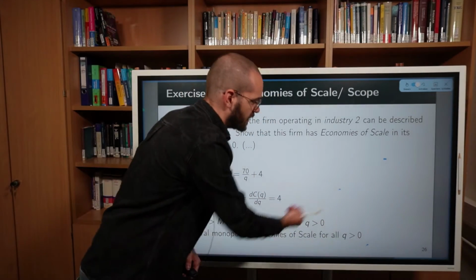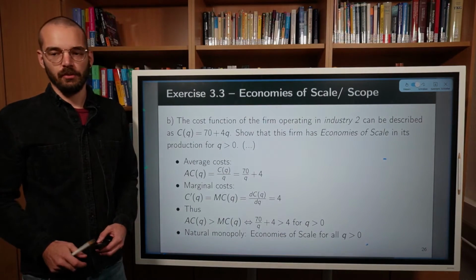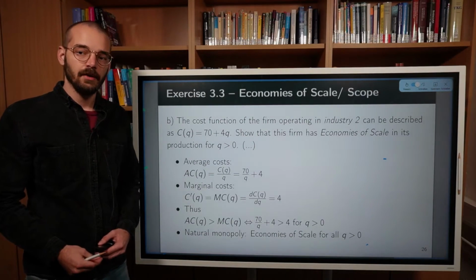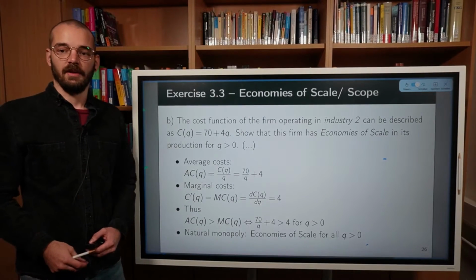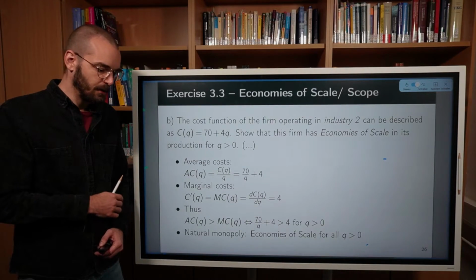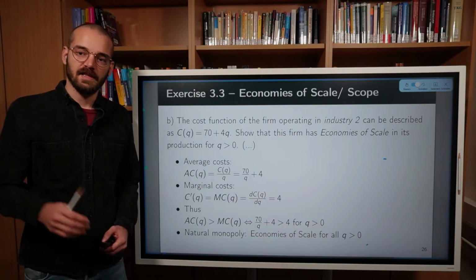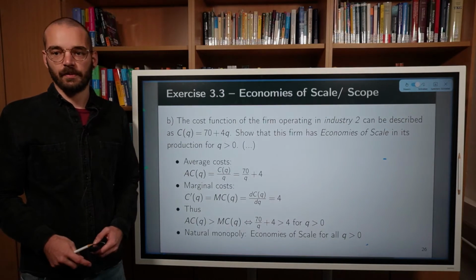So what we see is, the larger the firm gets, the cheaper it can produce. And this kind of scenario we would usually consider a natural monopoly. So a world where the biggest firm is at the same time the firm that can offer the lowest price.